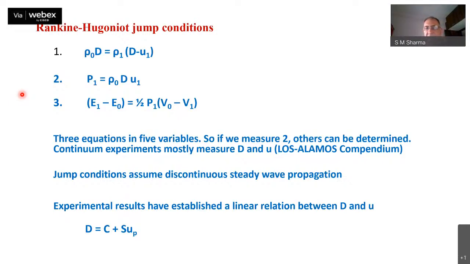The large number of experiments that I mentioned in the early 50s and 60s also threw up another very interesting empirical relationship between shock velocity and the particle velocity, and that is a linear relation. D is equal to a constant plus S times U. That S parameter is often called the S parameter. There have been a large number of investigations on what governs the S parameter. But one of the features which comes out is that if nothing happens to a material, this linear relationship is maintained.